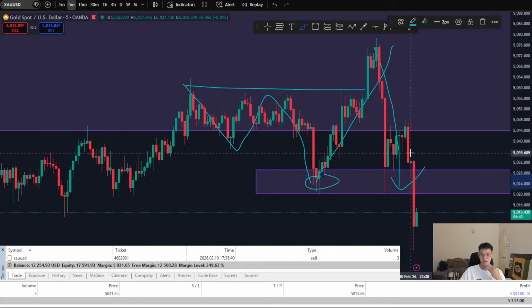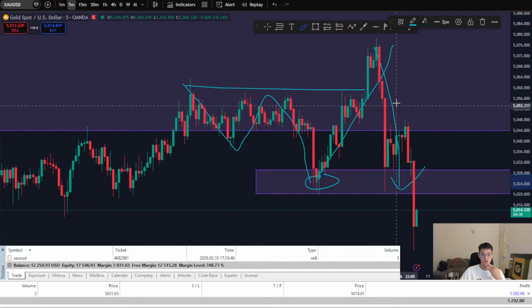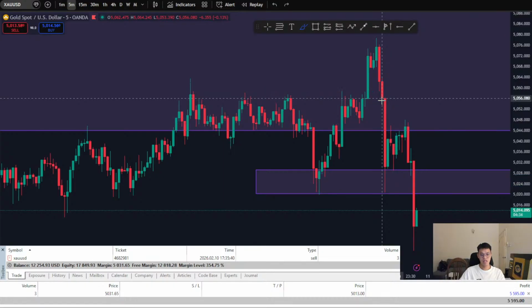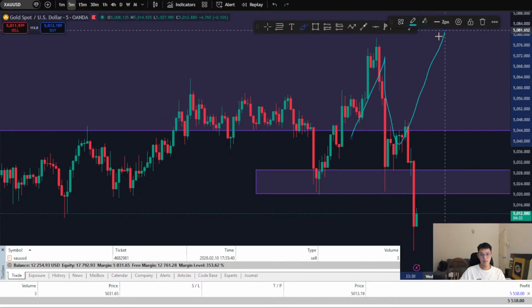So what the information gives me is that the uptrend momentum is not so strong.